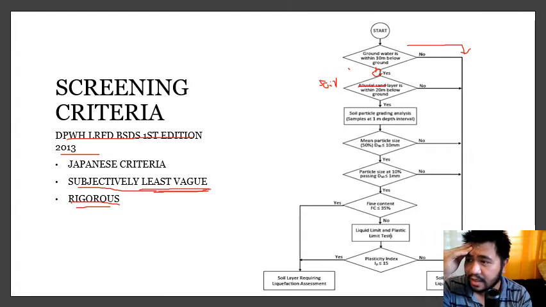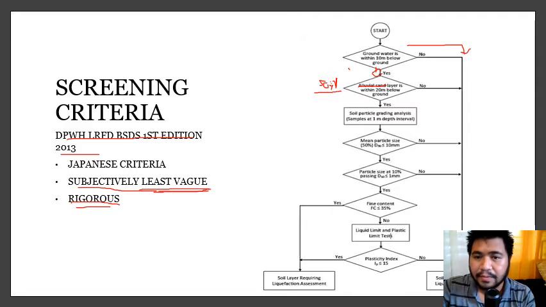Geologists argue a lot over these definitions, and it's really just safer to consider all soils. So if the soil is within 20 meters below the ground, meaning it is not deeper than 20 meters, if it's yes, you proceed with the next question.